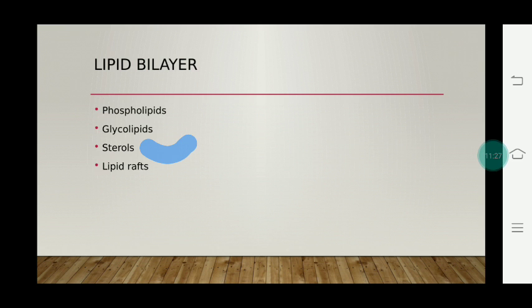Cholesterol is the major sterol present in the plasma membrane of animal cells. But plant cells lack cholesterol; they contain other sterols like stigmasterol or sitosterol, with rare exceptions like mycoplasma. Bacterial plasma membranes also lack cholesterol.